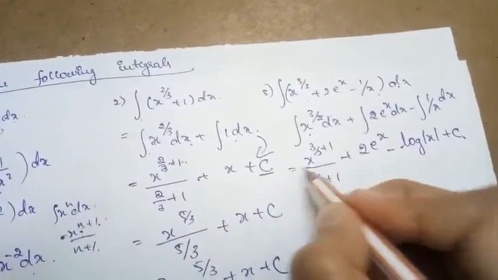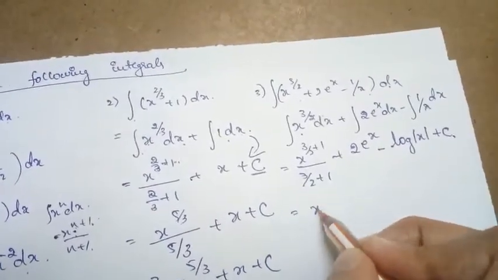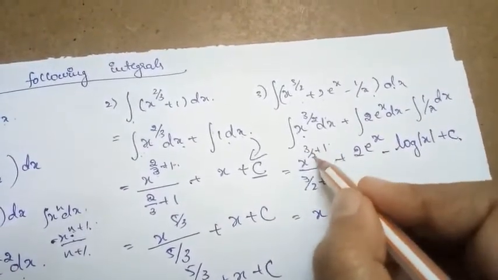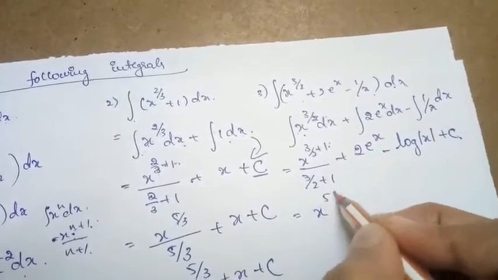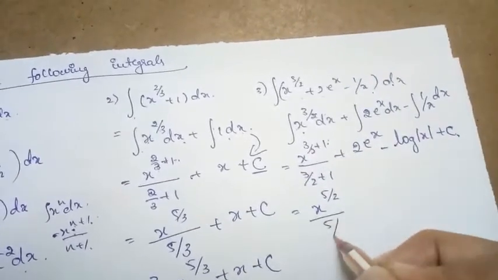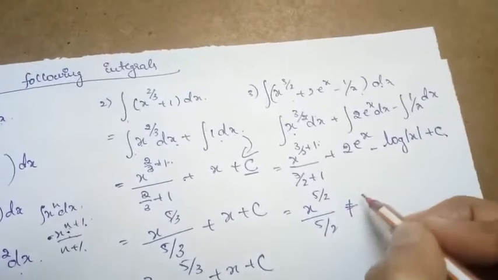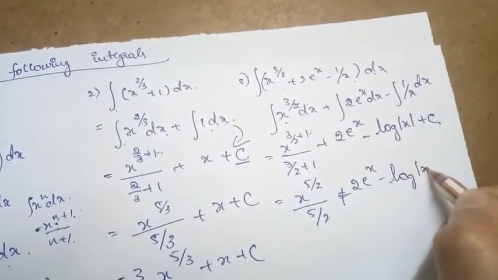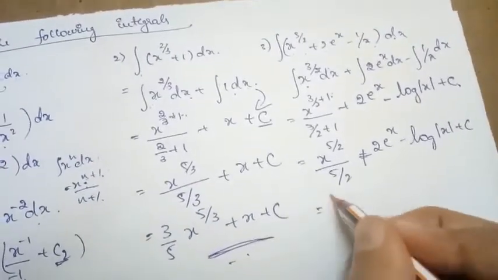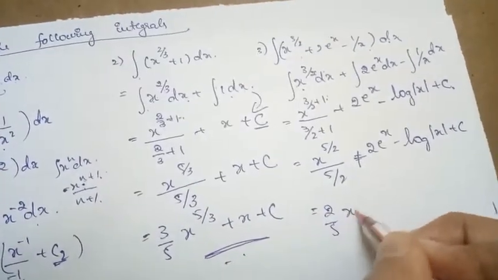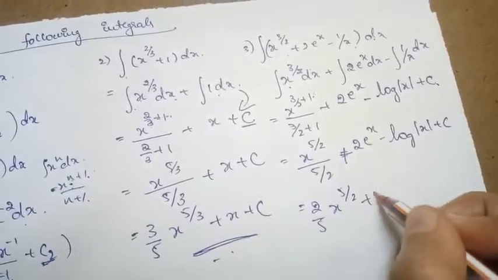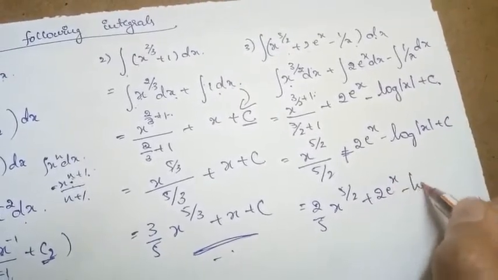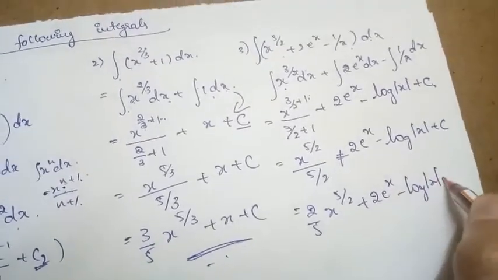Now let us simplify this one. X to the power 3 by 2 plus 1, 2 is the LCM, it becomes 5 by 2 divided by 5 by 2, plus 2 e to the power x minus log of mod x plus c. You can also write it as 2 by 5 x to the power 5 by 2 plus 2 e to the power x minus log of mod x plus c.